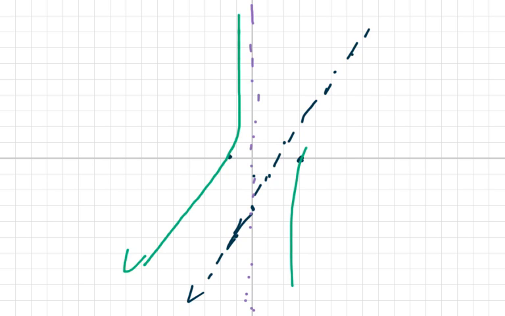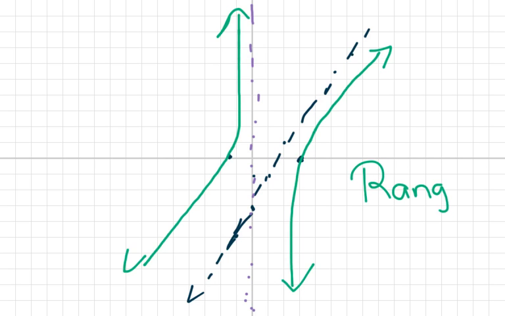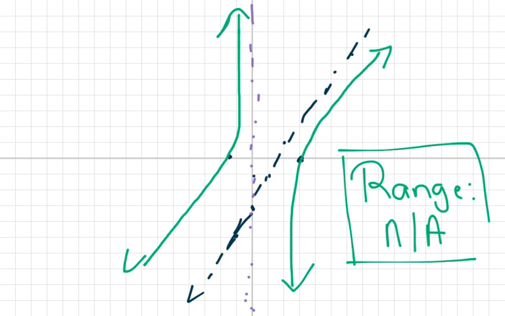And what I want you to notice here is, without graphing it, which you don't have to do, it is hard to determine the range. That's why when you have an oblique asymptote, I told you for the range, you're just going to write non-applicable. So basically what that's saying is you don't have to worry about it. You won't be graded on it. Okay?